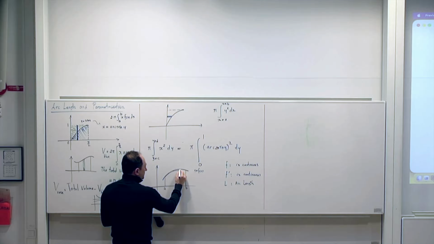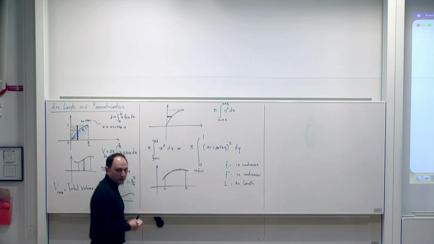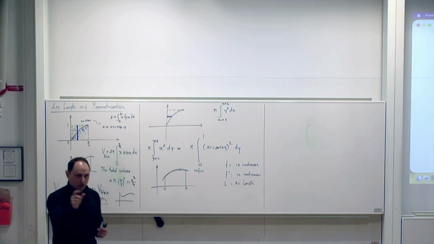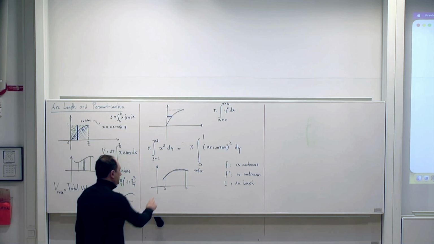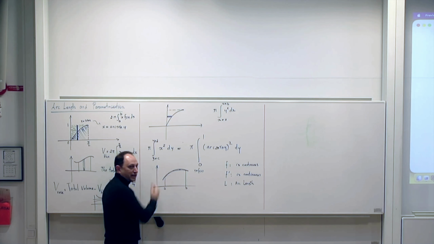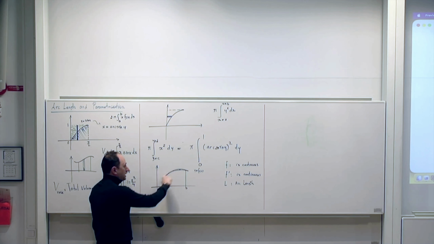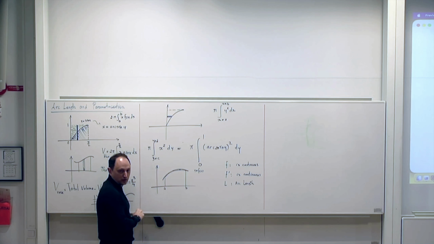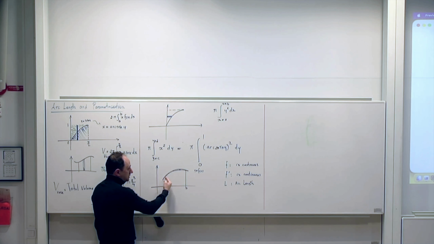Calculating the length of this blue one is very simple because each piece is a straight line. And in principle, if I know the coordinates, I can find the length of this piece, the next one, the next one, and start adding them all. Of course, what you get is an approximation to what I want. There is no guarantee, as you see, there is a little bit of deviation between these blue lines and the real curve.